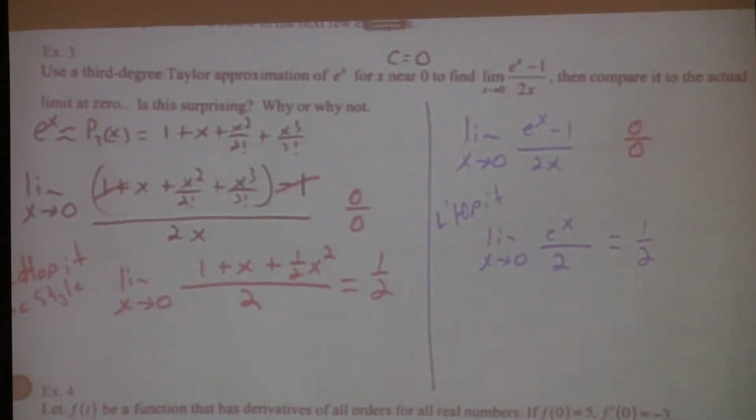Okay. If the limit equaled something really big, would you have to approximate it further? What do you mean? Like if the limit equaled like 100, would you have to approximate e to the x further? Yeah, you'd have to get a center closer to 100, right? Good?